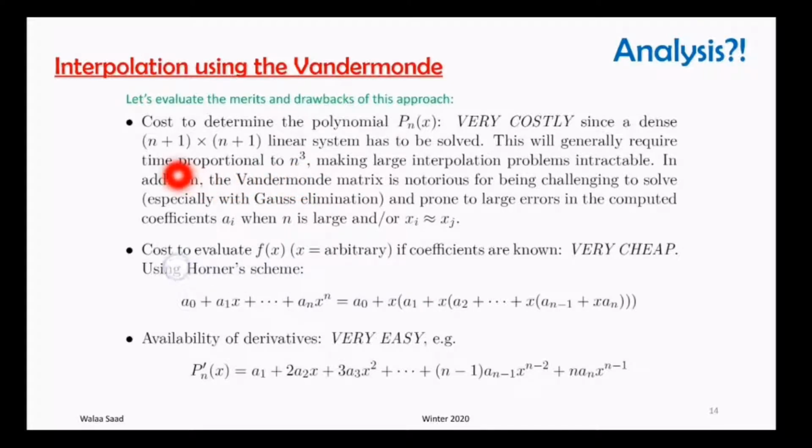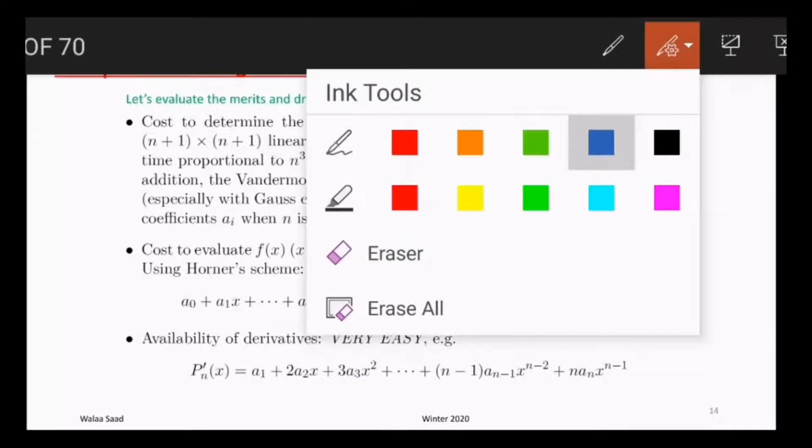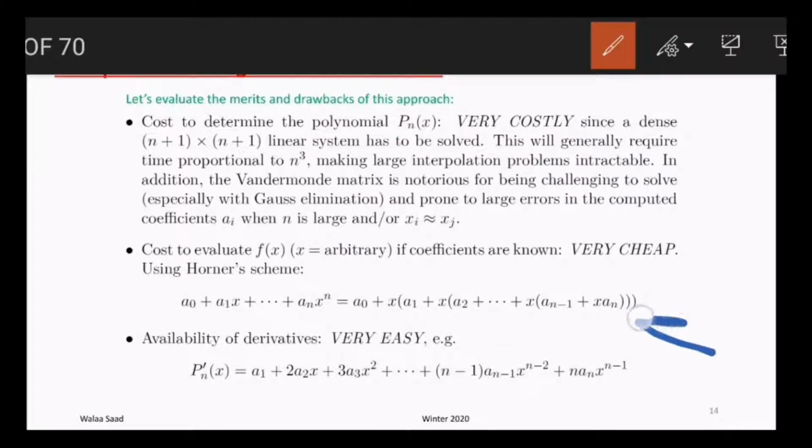So the operations are measured as of order n cubed, which is very expensive. Evaluating the polynomial at any arbitrary value is very easy, because we might use the Horner scheme in that case. Also, the derivatives can be deduced simply and clearly because we're dealing with polynomials.